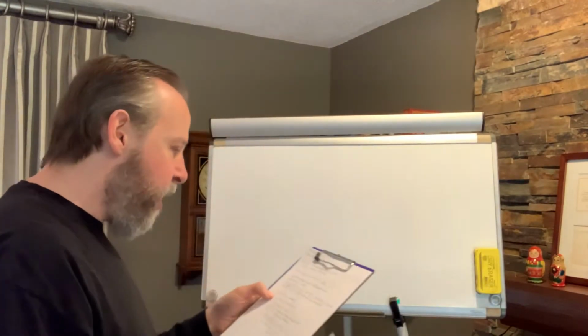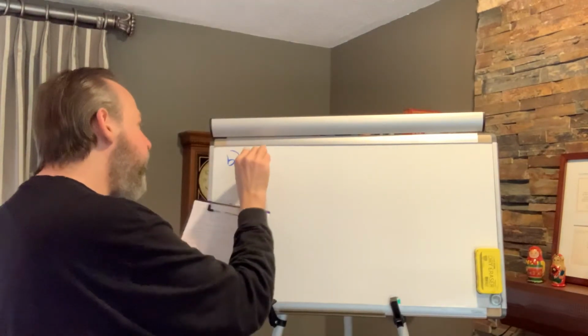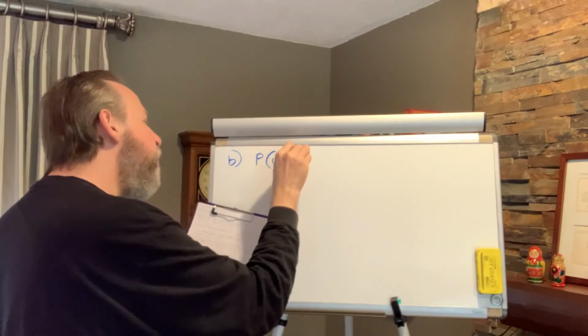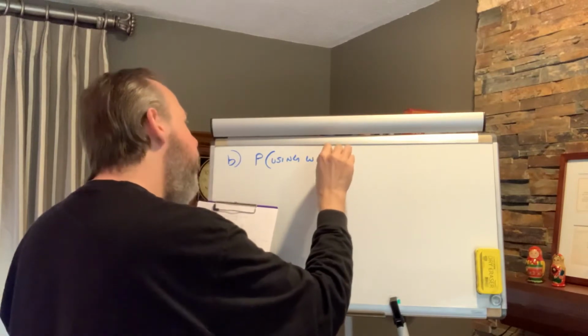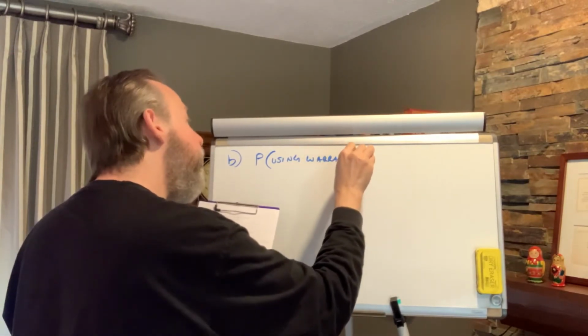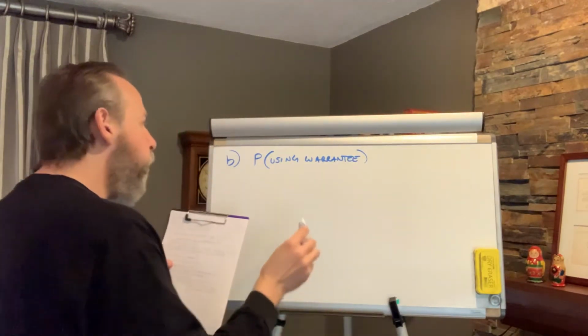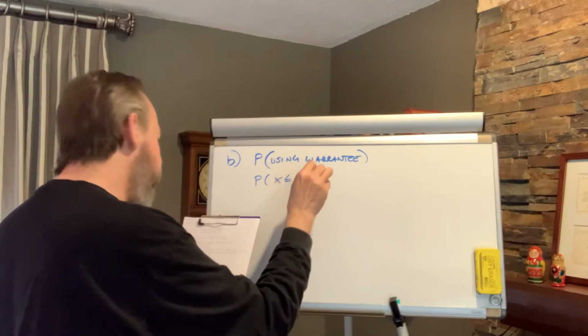So this time for part B, it's the probability of actually having to use the warranty. So using the warranty will only happen if we have our cell phone's battery die within 24 months. So really it's the probability of the battery lasting no more than 24 months.